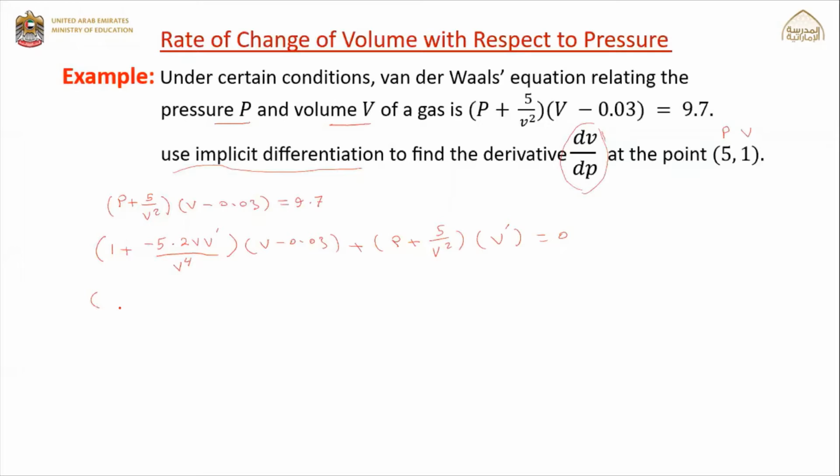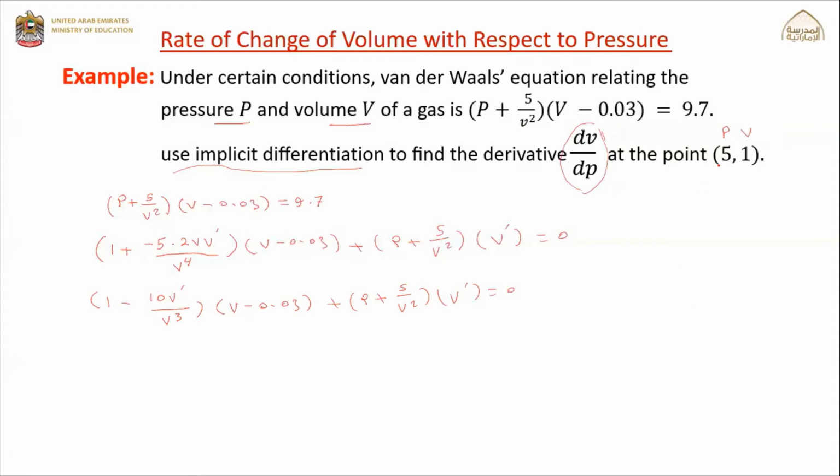The first bracket is 1 - 10V'/V³, because minus 5 times 2 is minus 10. V cancels with one of the V's in the denominator, so V over V to the power 4 is V to the power 3 in the denominator, times (V - 0.03), plus (P + 5/V²) times V' equals 0.